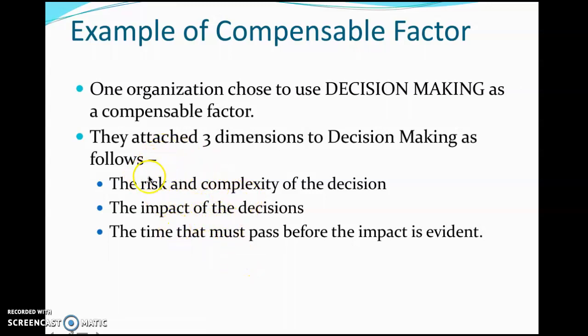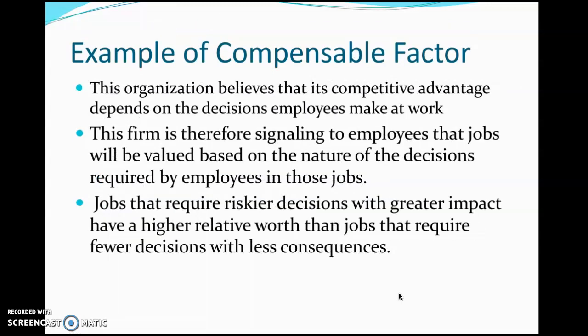How complex, how risky, the impact, how long it takes, and these are the things that we're now going to use to try and determine the weight of a job. So what is the organization saying here? They're saying, if they've chosen this factor, that one of their competitive advantages is the ability to make decisions at work.